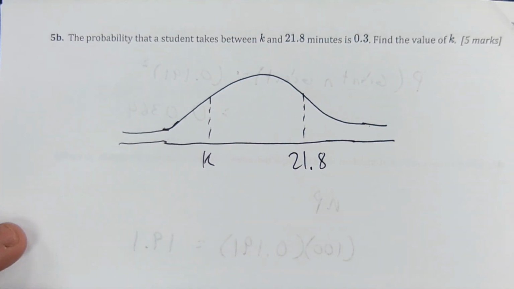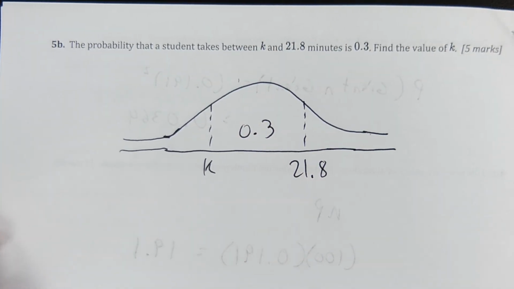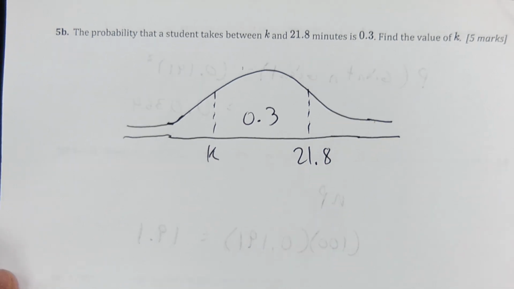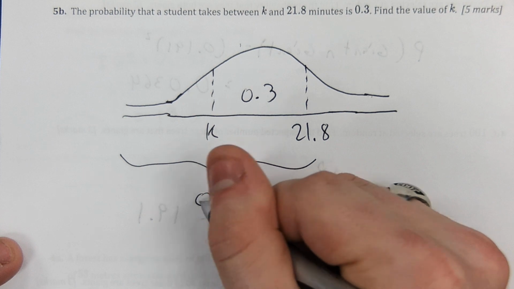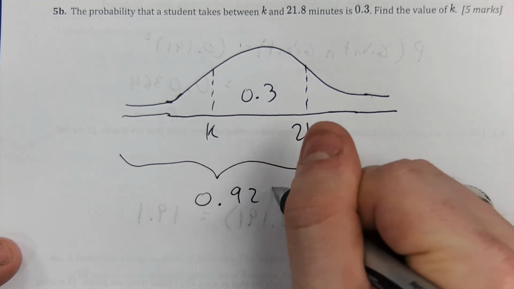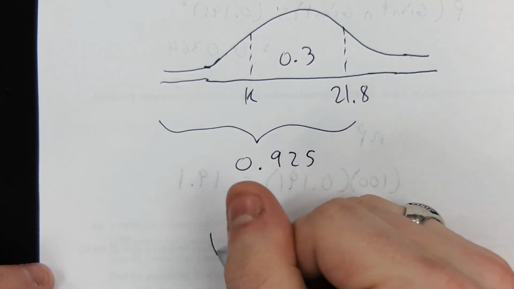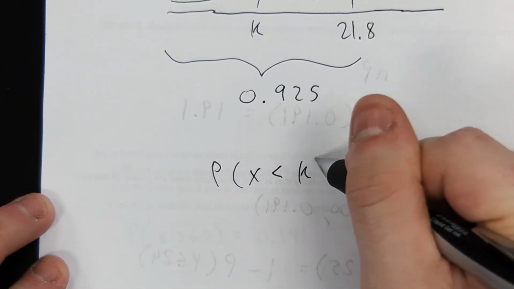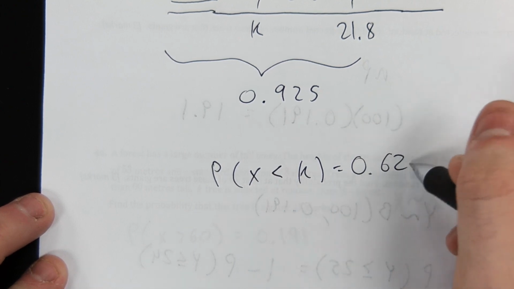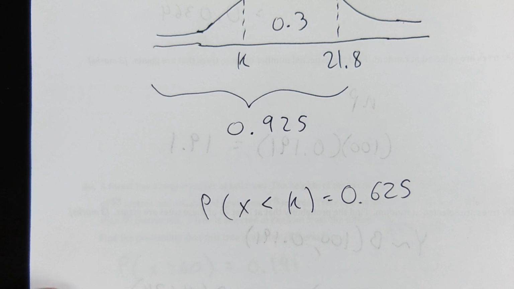It says the space between them is 0.3. Find the value of k. Didn't we just figure out what was to the left of 21.8? 0.925. So what's to the left of k? So the probability that x is less than k is just 0.625. So how do we take an area and get back to an x value?